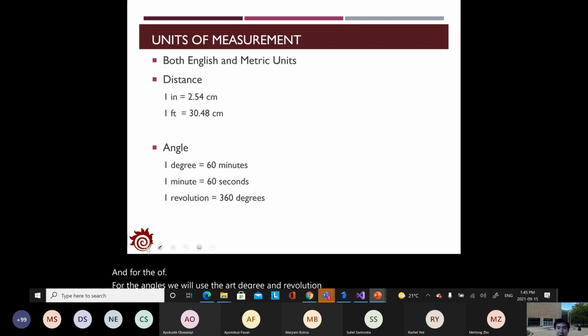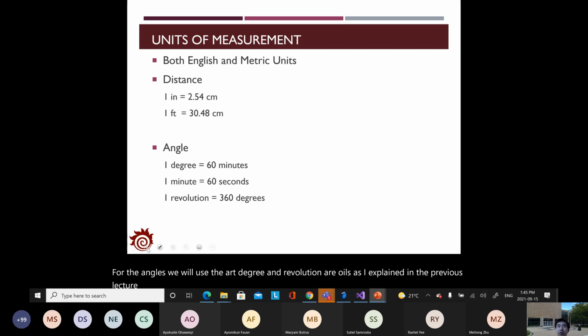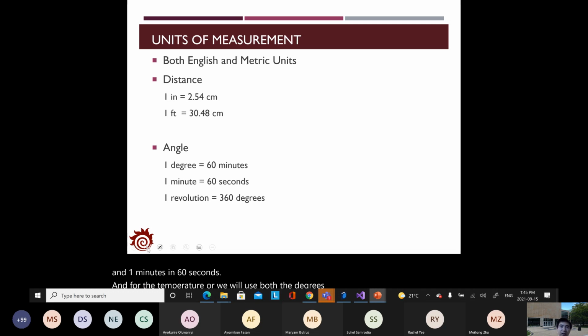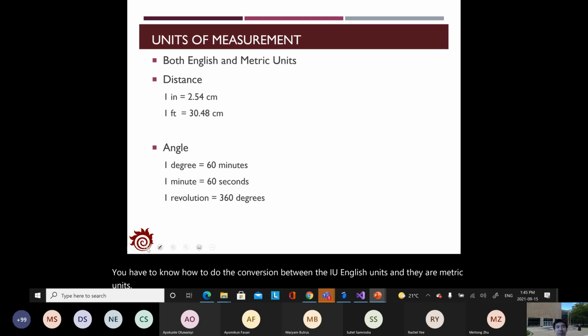As I explained in the previous lecture, one revolution is 360 degrees, 1 degree represents 60 minutes, and 1 minute is 60 seconds. For temperature, we will use degrees in both Celsius and Fahrenheit. You have to know how to do the conversion between the English units and the metric units. That's the fundamental things we need to know about the measurements.